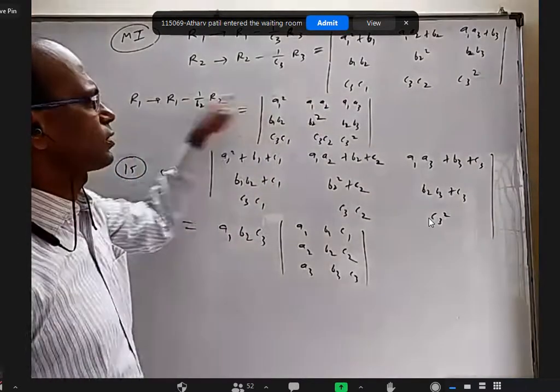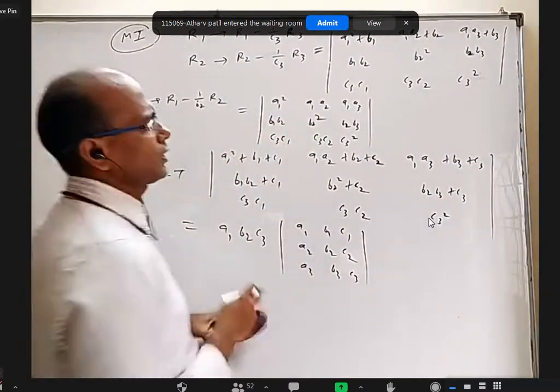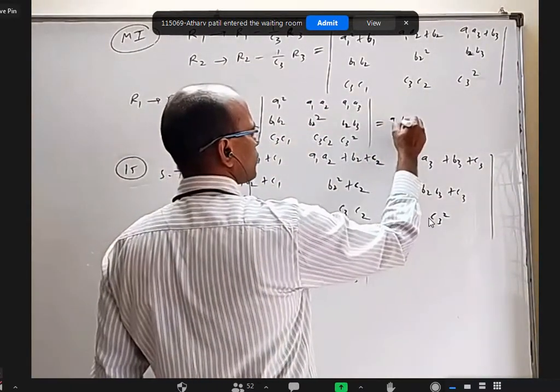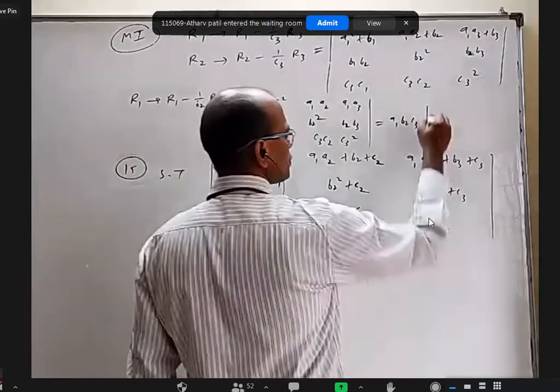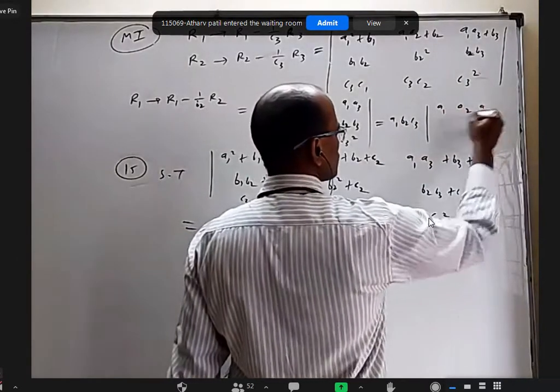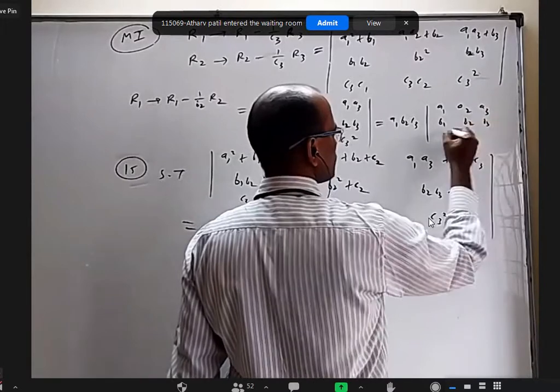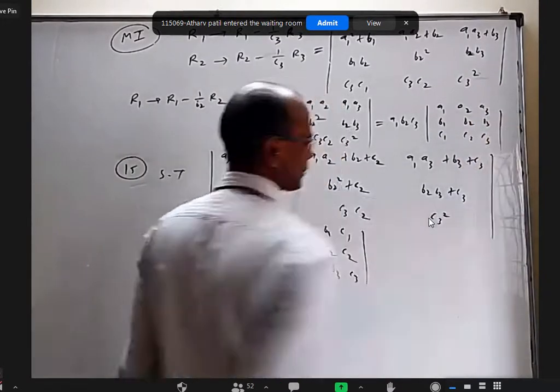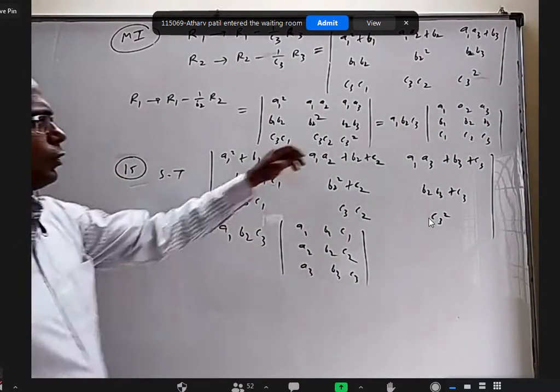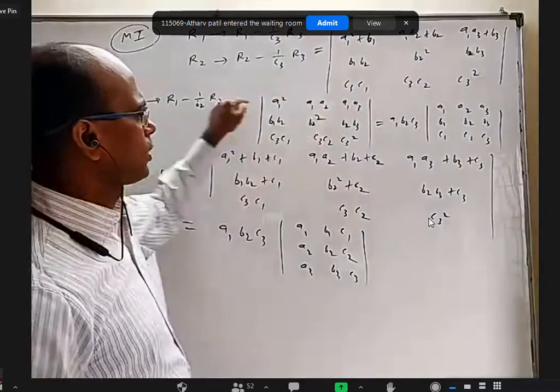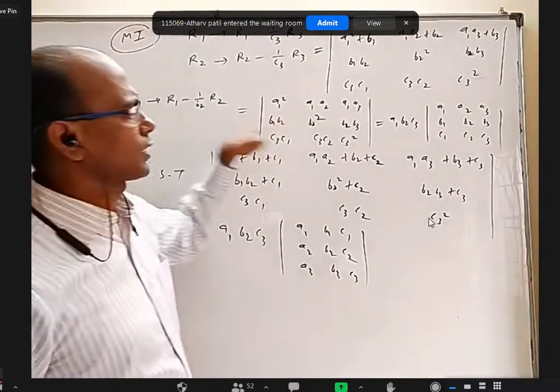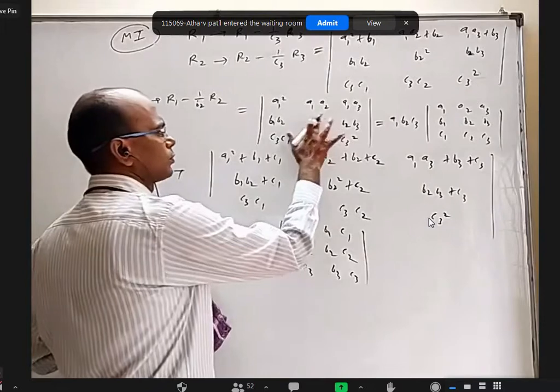Now I can take A1 common here, B2 common here, C3 common here. I get A1, B2, C3 into the determinant A1, A2, A3, B1, B2, B3, C1, C2, C3. I hope from here to here it is clear. I took A1 common from the first row, B2 common from the second row, C3 common from the third row.